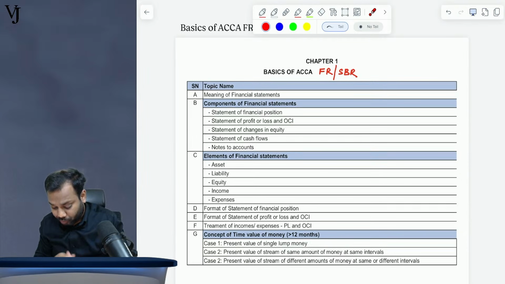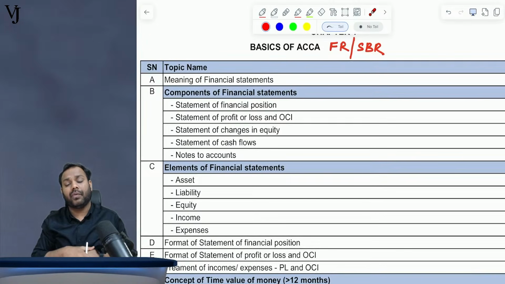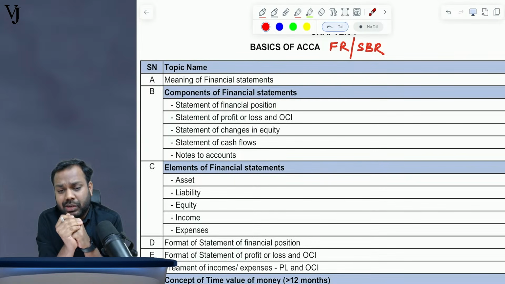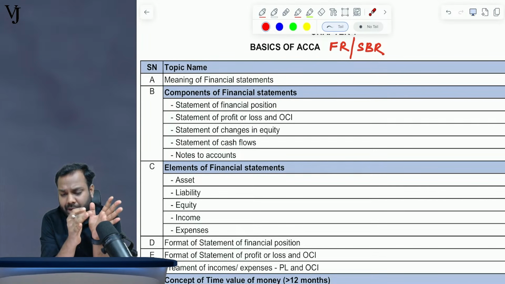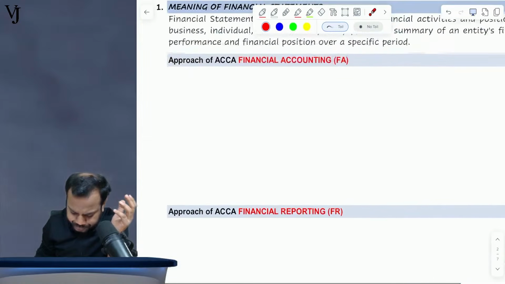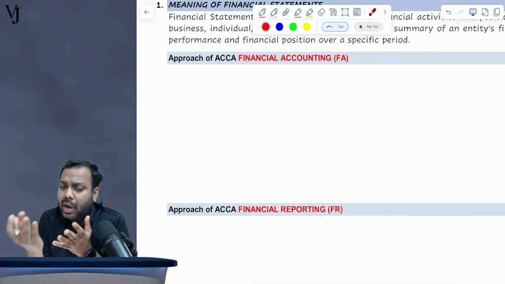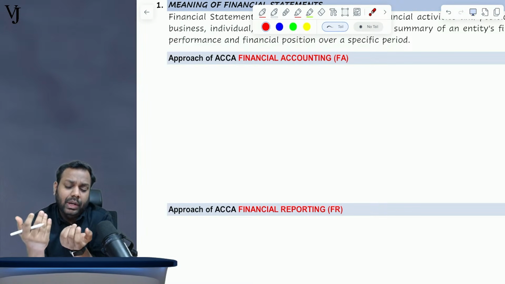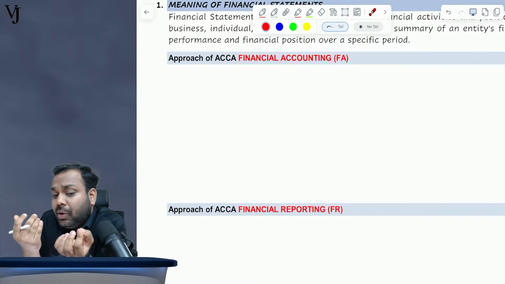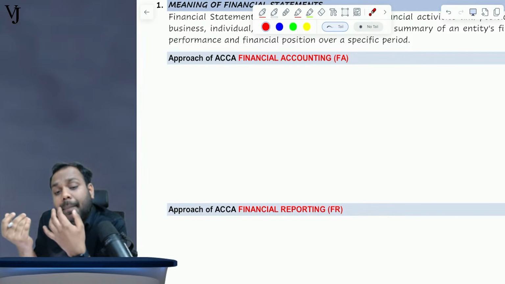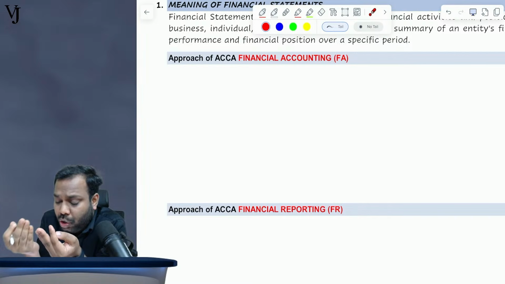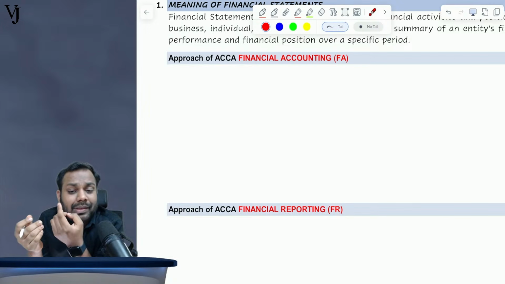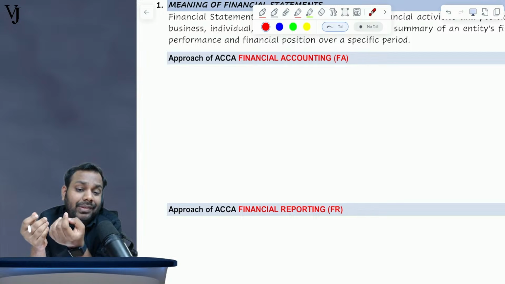Now point number one, meaning of financial statements. What exactly is the meaning of financial statements? Financial statements are the set of books of accounts, which comprises the statement of financial position, statement of profit or loss, statement of changes in equity, statement of cash flows, and notes to accounts.